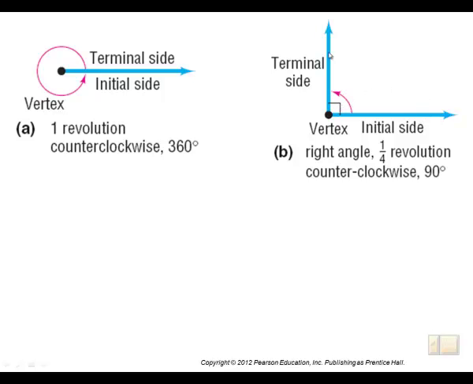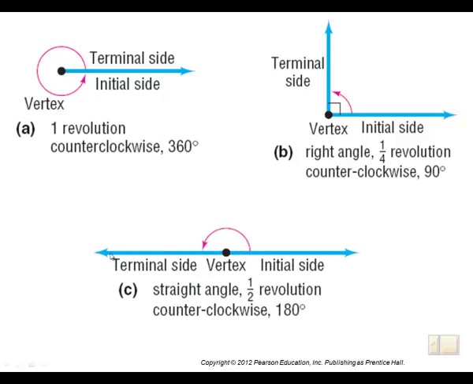We have the initial side and the terminal side, and this would be a quarter revolution around the coordinate plane. Anytime you see a straight line, you can imagine a vertex in the middle, and that's a full 180. So any straight line would be considered 180 degrees.